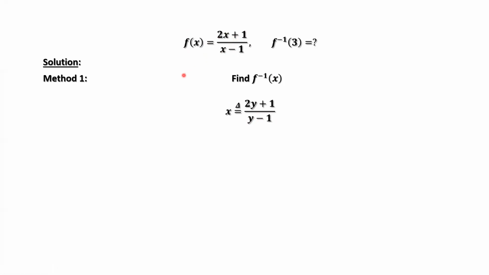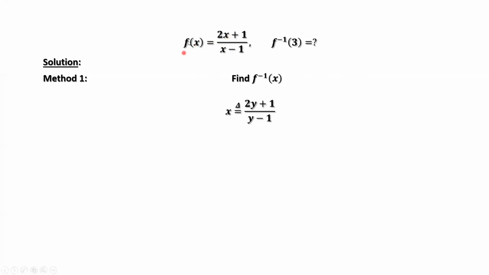In mathematics, people always use x as the variable, y as the function of x. So here we have to swap x with y to find the inverse function of f. Here is y, here is x.